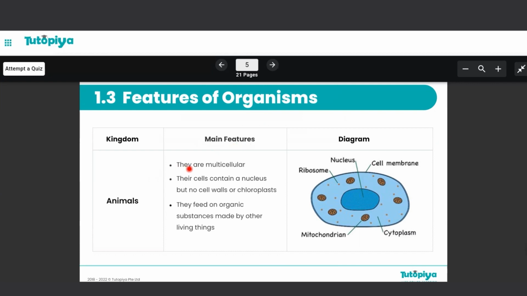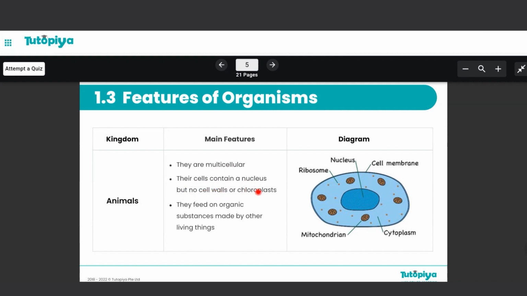First point, they are all multicellular. Multicellular basically means that the bodies of animals are all made up of many cells. They are many-celled organisms. And then their cells contain a nucleus, but no cell walls or chloroplasts.